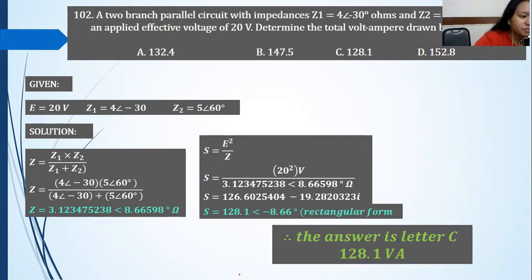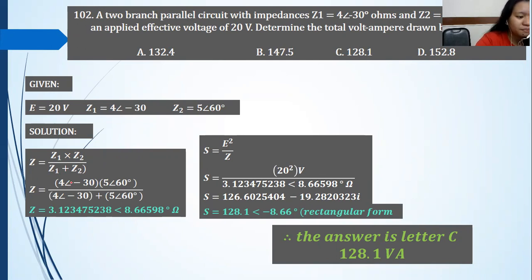For the given, we have here 20 volts for our E, our voltage. We have Z1 is 4 angle negative 30 and Z2 is 5 angle 60 degrees. For the solution, we will solve for the total impedance with the formula Z1 times Z2 over the sum of Z1 and Z2. So substitute the values.